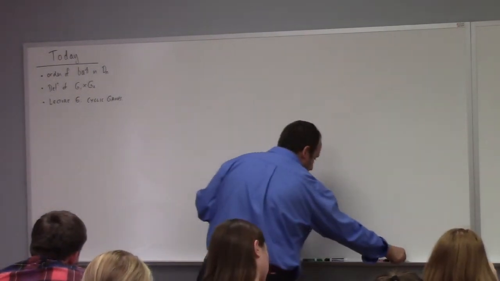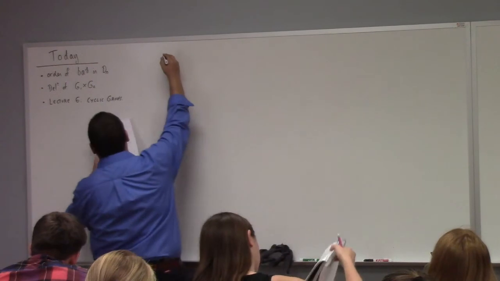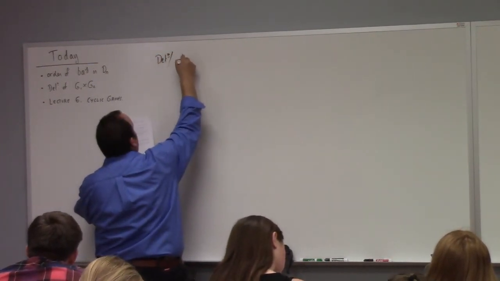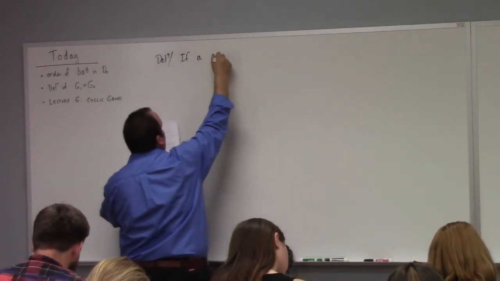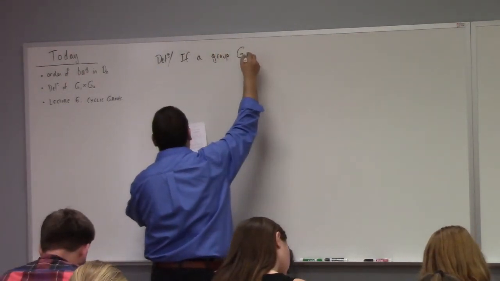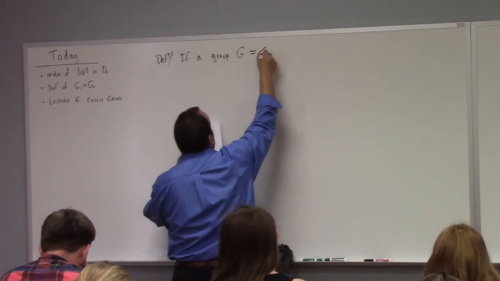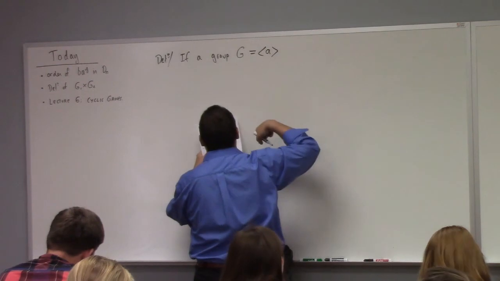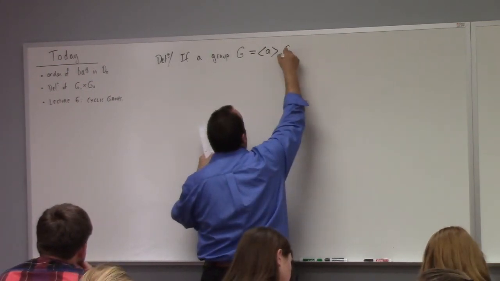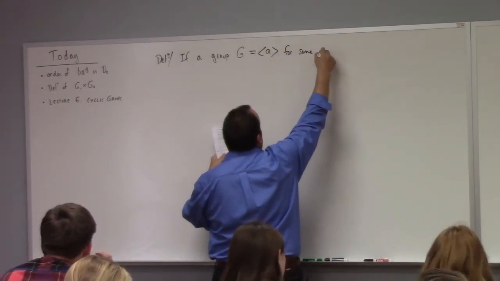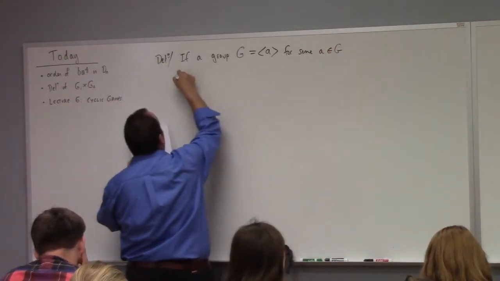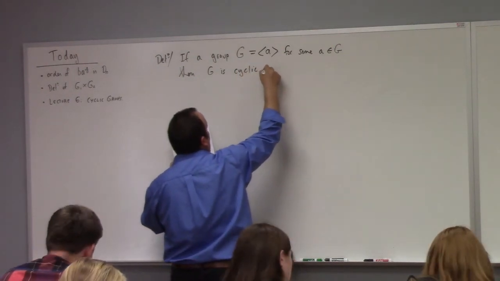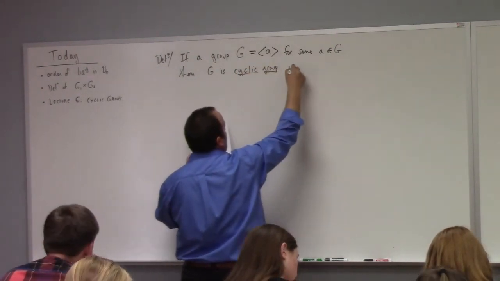Actually, first order of business is just a reminder about what a cyclic group is defined to be. This is important. If a group G is equal to the angle brackets of a, generated by a for some a in G, then G is a cyclic group with generator a.